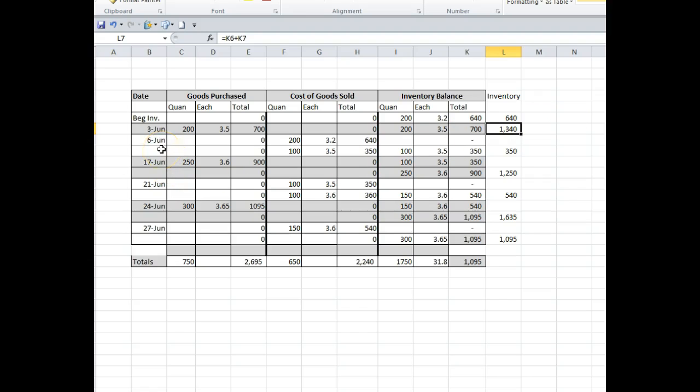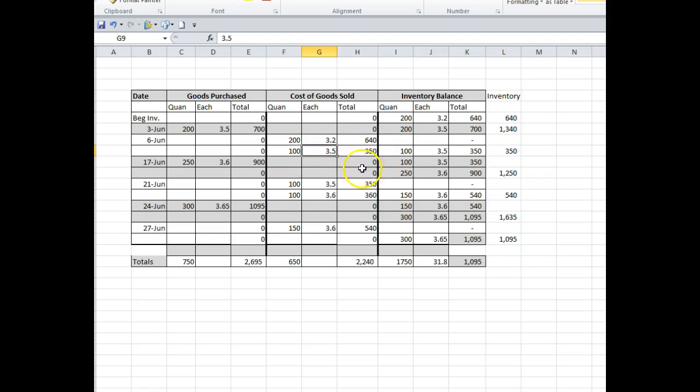Then June 6th, if you jump down to sales, on June 6th, we sold 300 of them. And this little cost of goods sold calculation is really important. So we're first in, first out. So first in we had 200 at 320, if that goes here. And now we're going to have to take 100 out of this layer, and that's going to be 100 at 350.